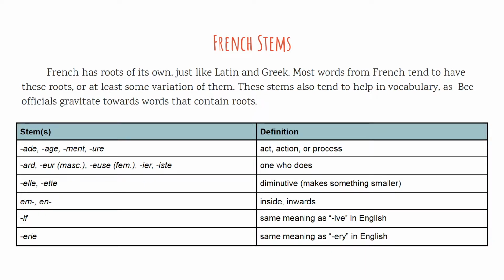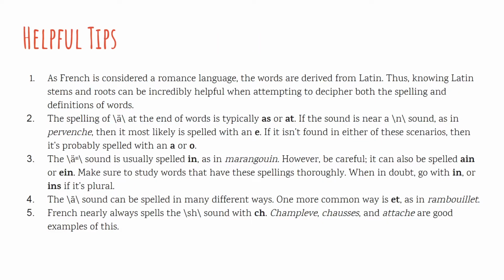We also have m or n, or in a French accent, am or an, which mean inside or inwards. We also have if, which is usually found at the end of words, which has the same meaning as ive in English. And we also have erie, or eri, which means the same thing as ery in English.